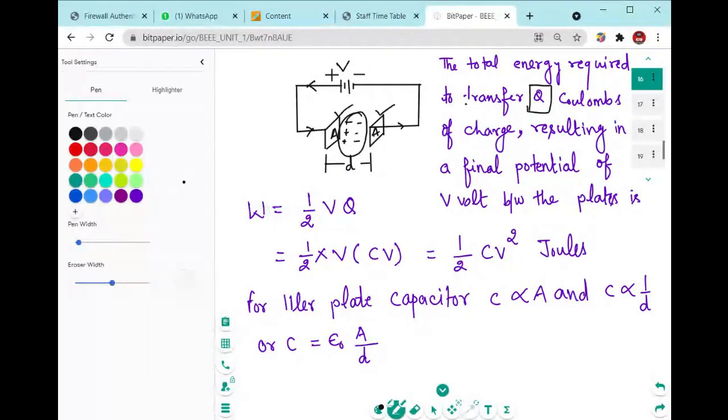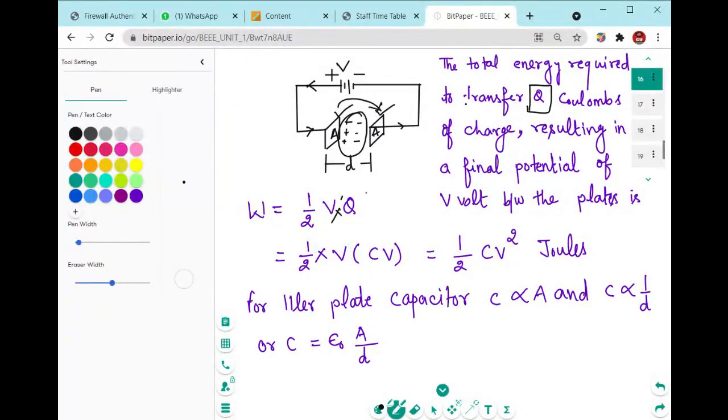Work done can be found as 1 by 2 into the potential applied across this circuit multiplied by the charge, that is, the transfer of charge from one plate to the other. So this charge is moving from one plate to another. You can represent this as 1 by 2 into V into Q.